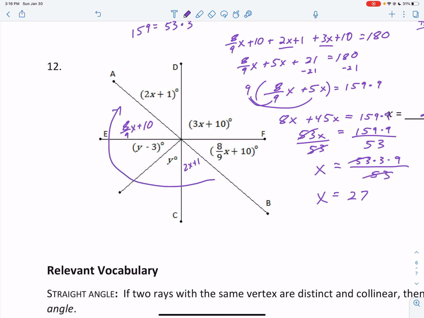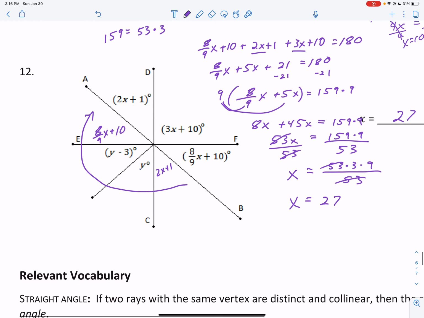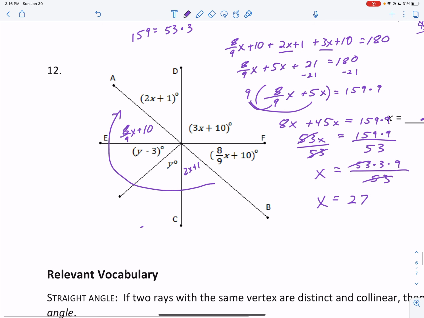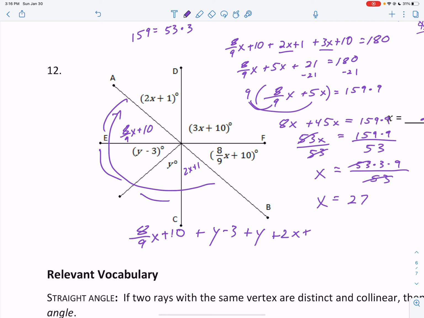We don't really have to deal with the fraction that much now that we know what x is. So let's get 8 over 9x plus 10 for this angle, and then plus y minus 3. We need something with y in it. That's why we're having to go over to these angles. Plus another y right here, plus 2x plus 1 for this part. All of the angles right here need to add together to be 180.